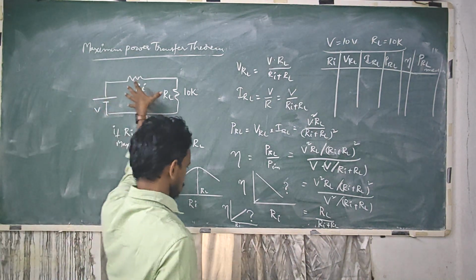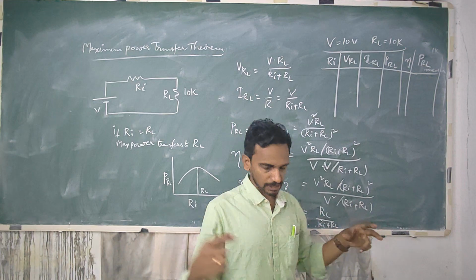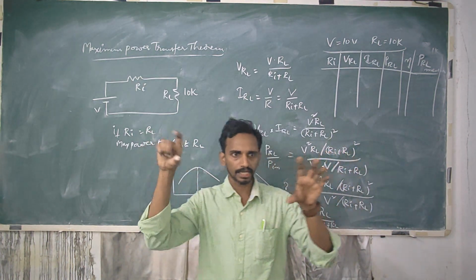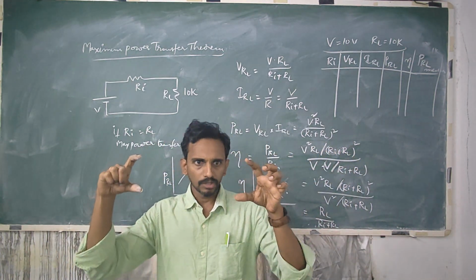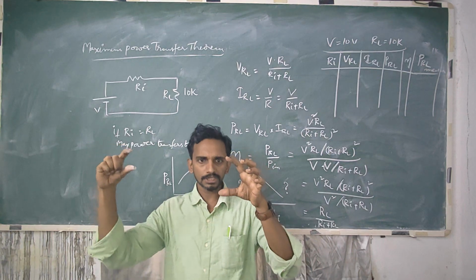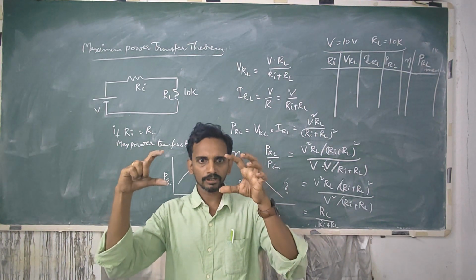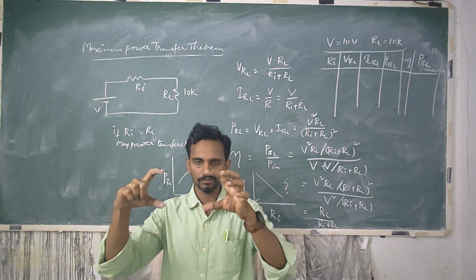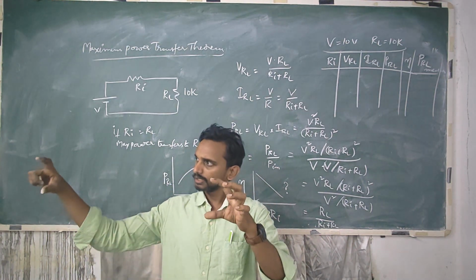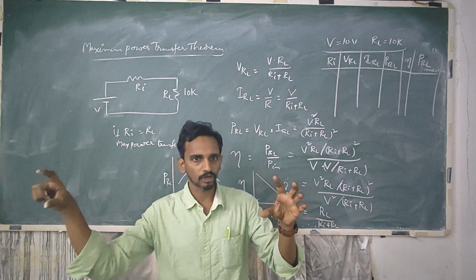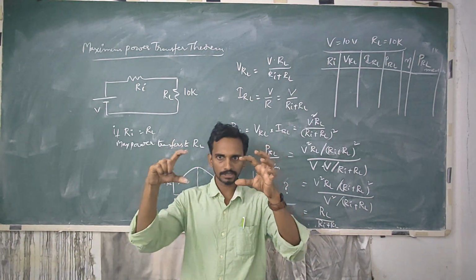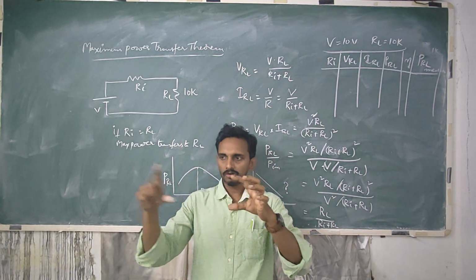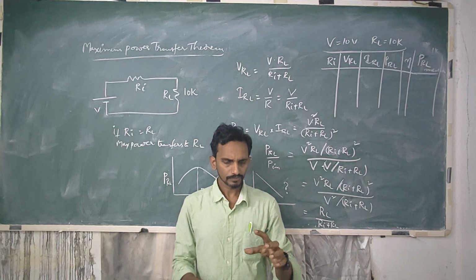So this theorem says, let's say these two are resistors, Ri and RL. When both the channels are of equal width, means both the resistors are equal, consider them as water pipelines. When both pipelines are of same width, water flow will be maximum.